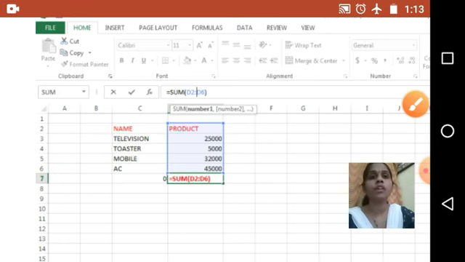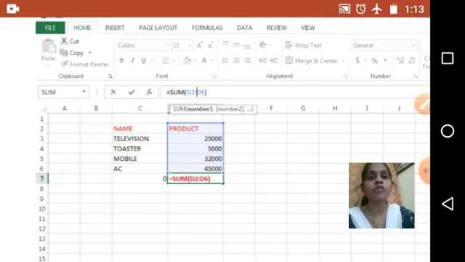Okay, now see, I have written something in column C. What I have written: name, television, toaster, mobile, AC. These are the names of some devices or products you are going to buy. And the rates of the products are 25,000, 5,000, 32,000 and 45,000.